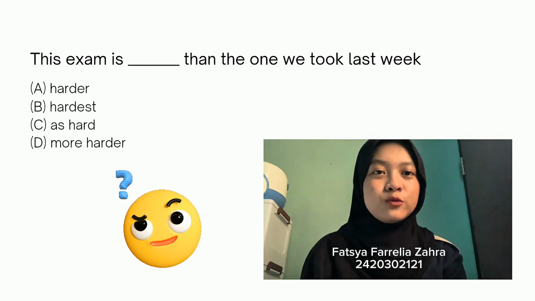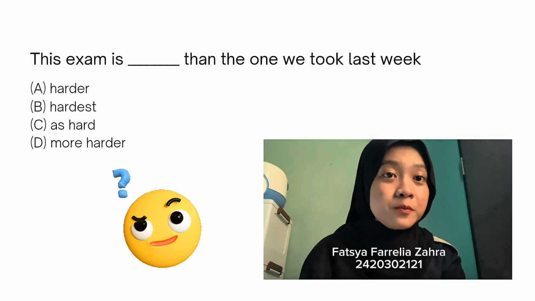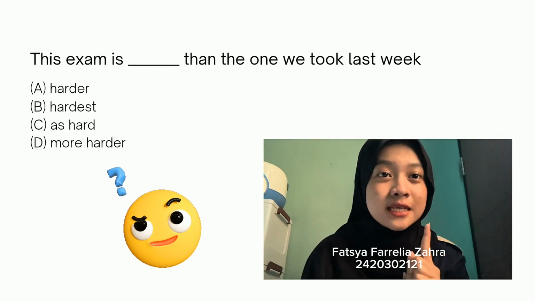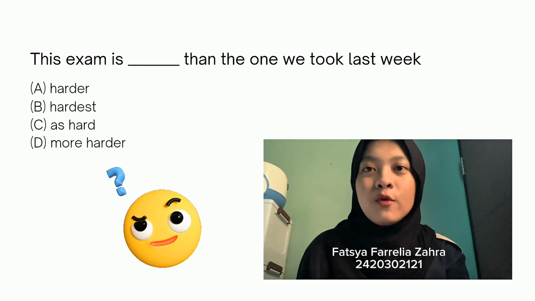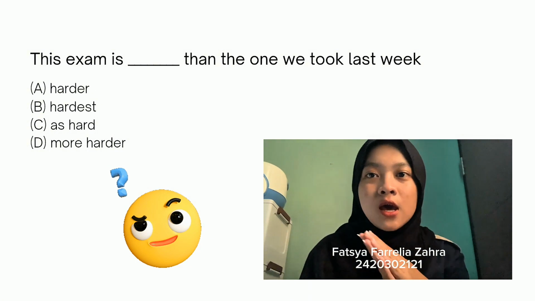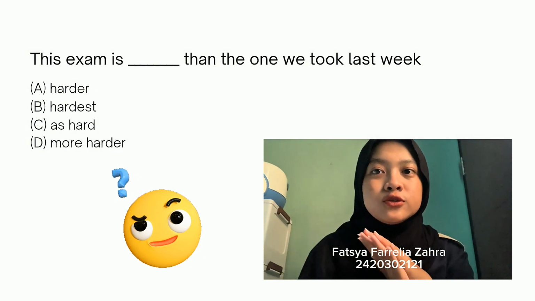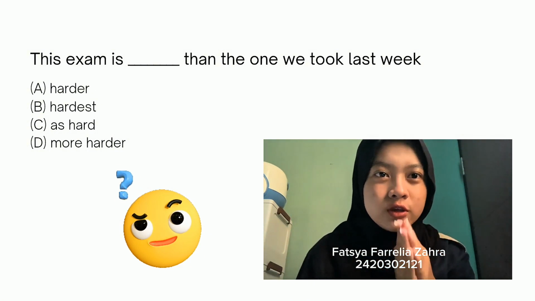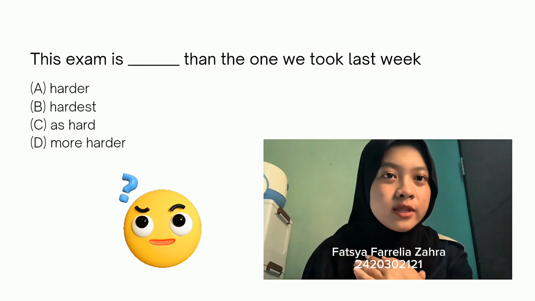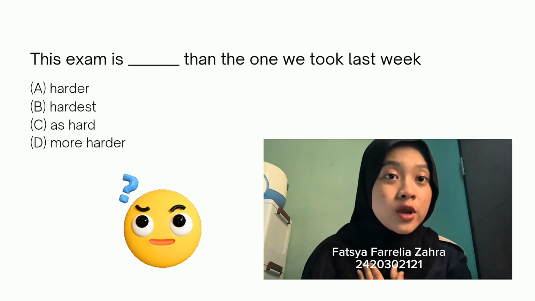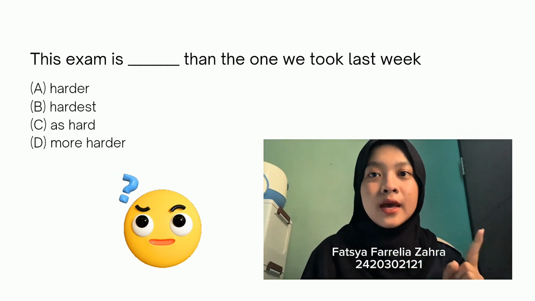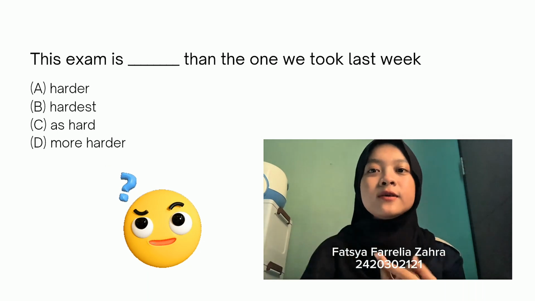Let's break down why one of these options is the perfect fit. The most crucial word in the sentence is than. Whenever you see than in a comparison, it's a huge clue that you need a comparative adjective. We're comparing two things here, this exam and the one we took last week.